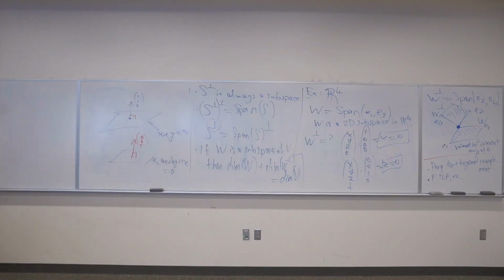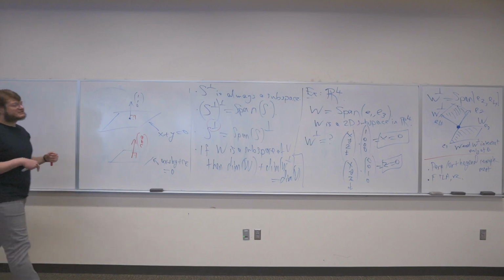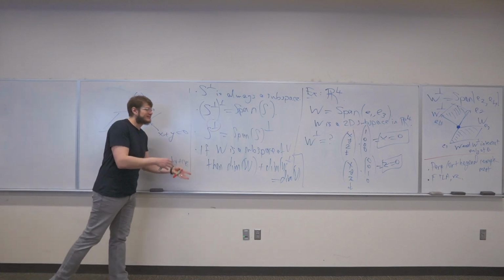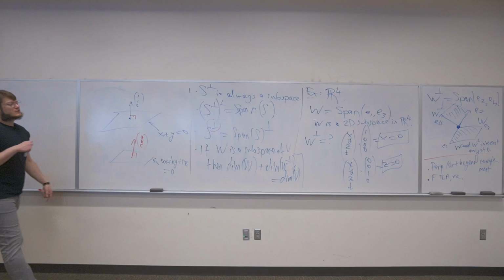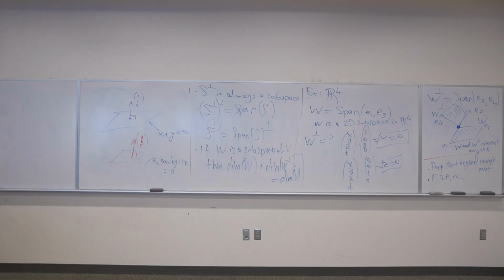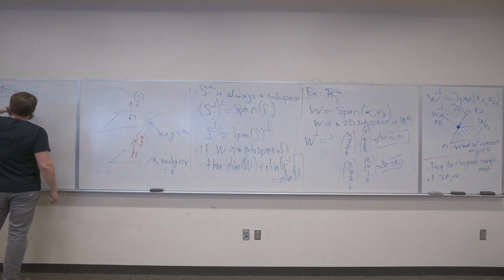Ultimately, what I want to do is take the perp, say, of the column space of a transformation and the perp of the null space of a transformation. Somehow, the perp of the null space of a transformation should be related to A transpose. So I think a good example is something like this.